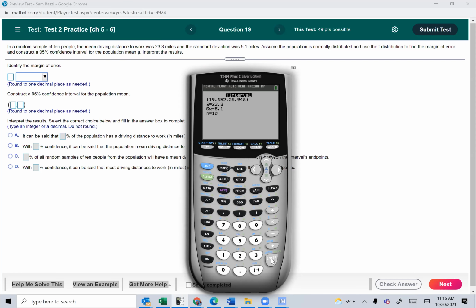Now with the margin of error, guys, let me show you how to find it. You will take 26.9. Oops, I forgot. Let me just do it one more time. I need the two values actually.